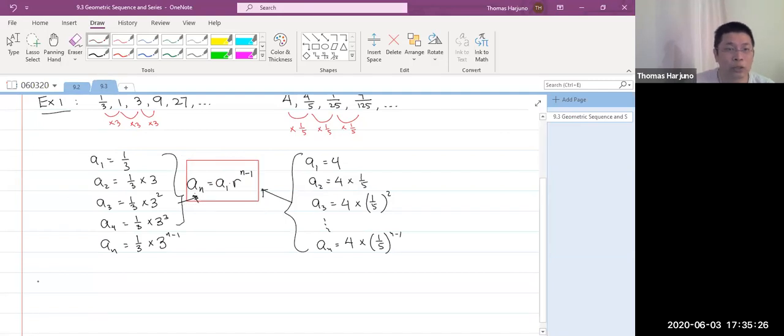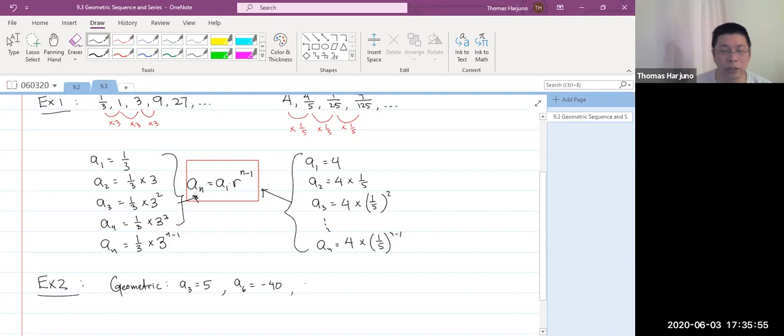Then how do we use these formulas? Suppose we are given the following. We have a geometric sequence where the third term is 5 and the sixth term is negative 40.